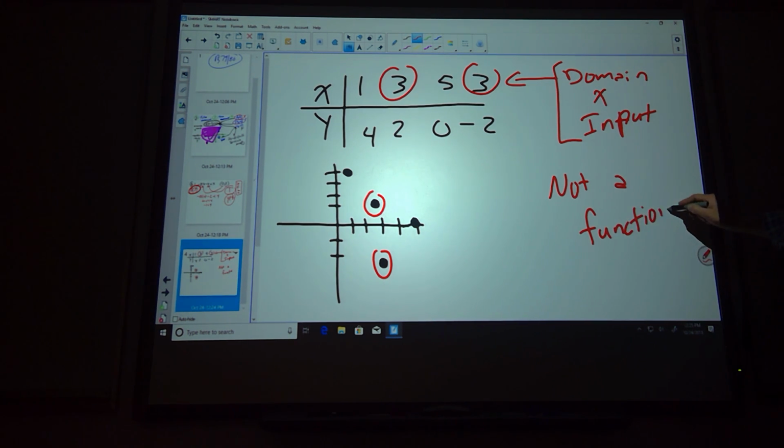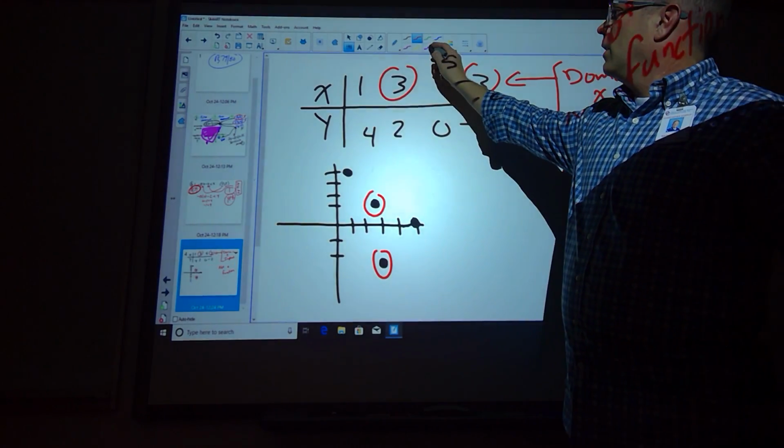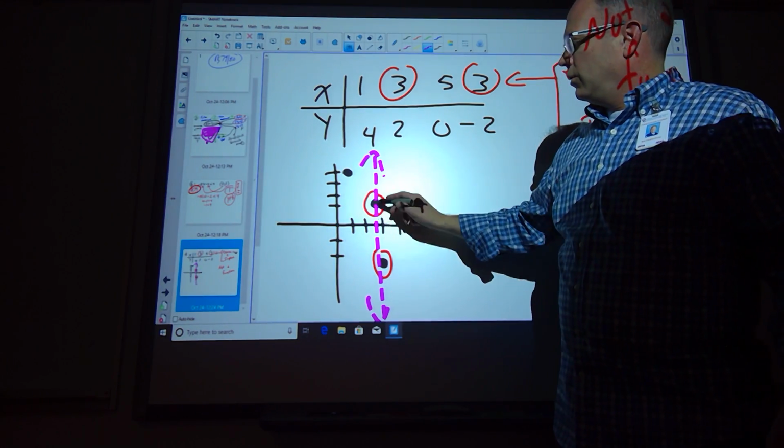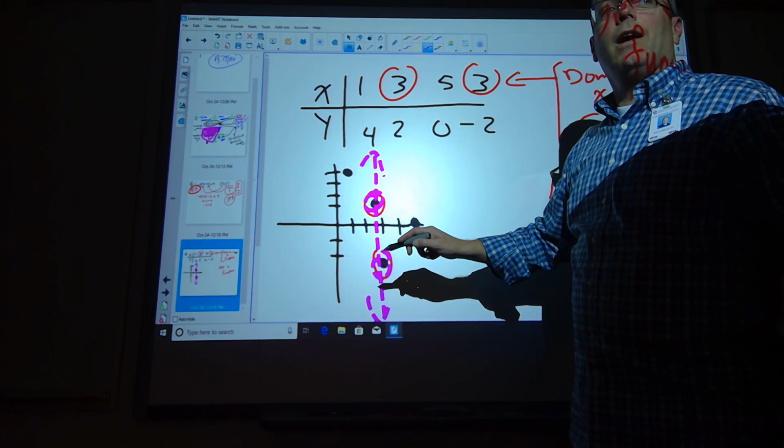Now, here's a question. Is it possible not to have a function, but we also have a straight line? No. Yeah. So what line test tests this? The vertical line test, right?